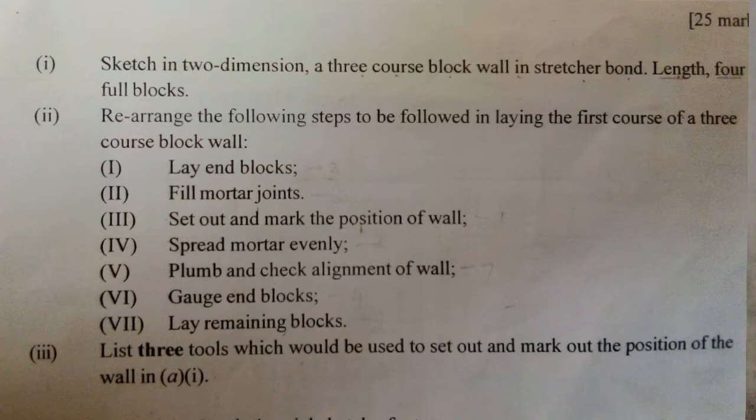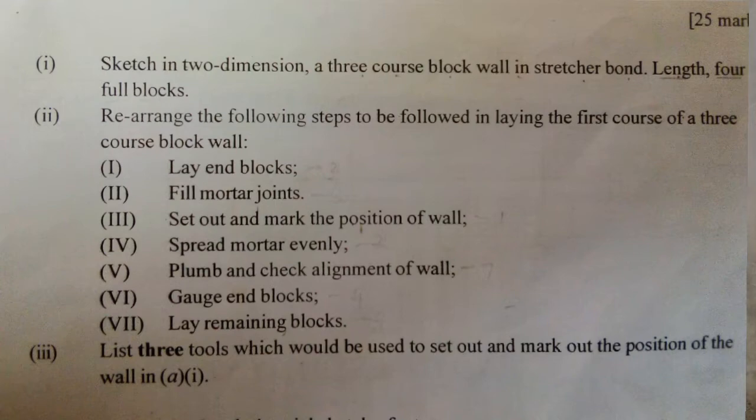II. Rearrange the following steps to be followed in laying the first course of a 3-quarters block wall. I, laying end blocks. II, fill mortar joint. III, set out and mark the position of the wall. IV, spread mortar evenly. V, plan and check alignment of the wall. VI, gauge end block. VII, lay remaining blocks.